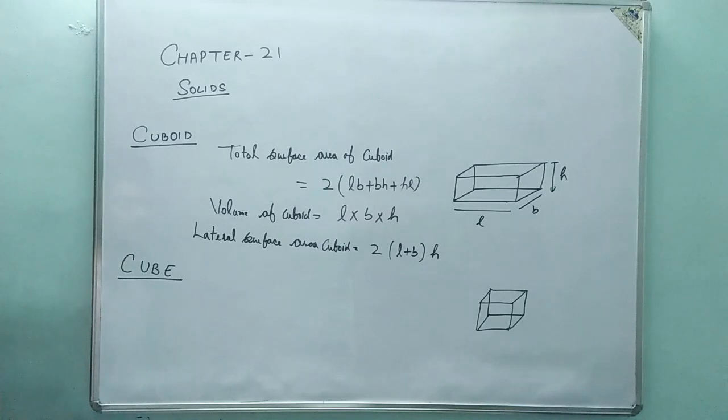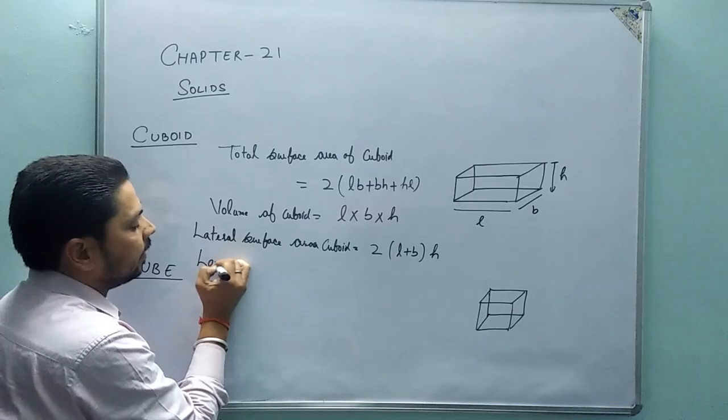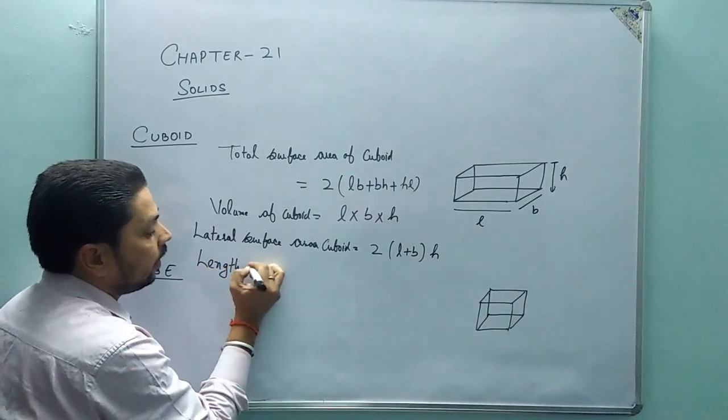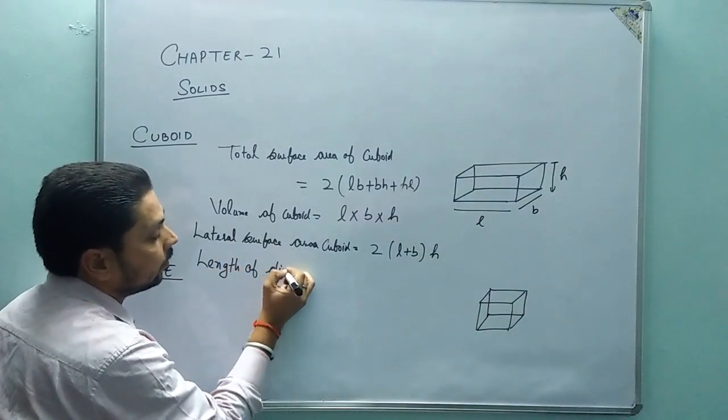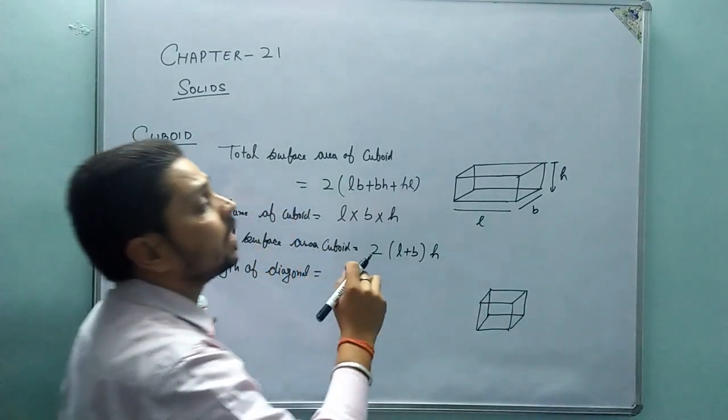Then the last formula for this cuboid is the length of the diagonal.